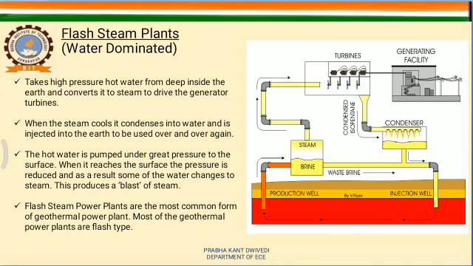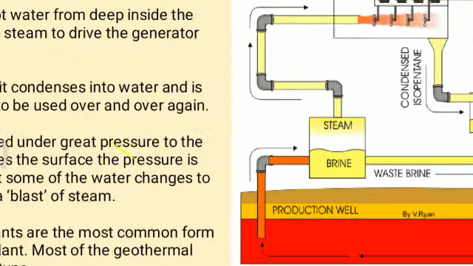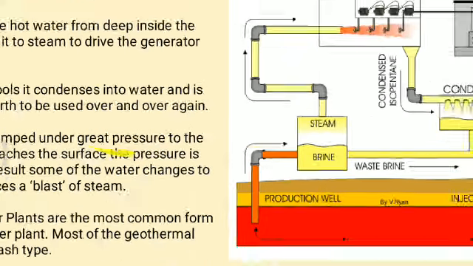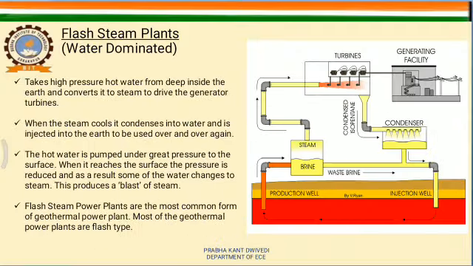The flash steam system is the same as the vapor dominated system, but an additional block is there, which is the flash exchanger. The water remains at very high pressure inside the ground, and when it comes to the surface of the earth, the pressure is reduced. At this reduced pressure, this water is converted into vapor.